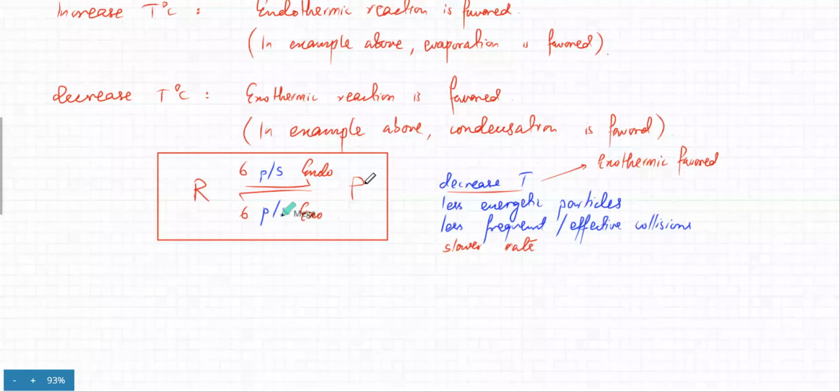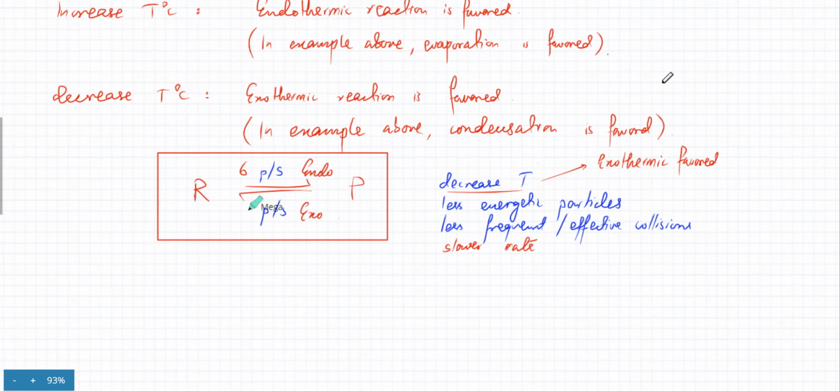And at the same time, 6 particles per second are changing from products to reactants. But then equilibrium states that the exothermic reaction is favored. That means the exothermic reaction might be slightly faster compared to the other, even though both reactions are slowing down.